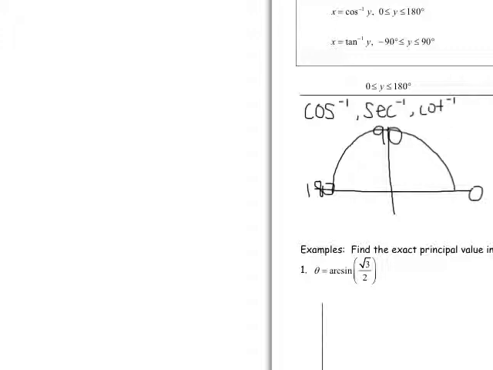Well, that's just one possibility. I could also draw that same ratio down here in quadrant 4, because that would still have an adjacent movement of 1 and a hypotenuse of 2. This blue triangle that I've drawn is still cosine inverse of 1/2.